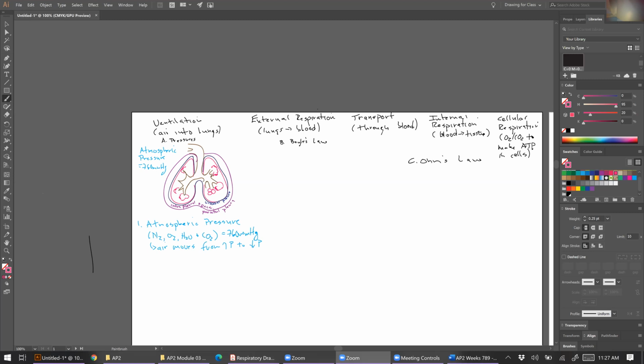So the next one is intrapulmonary pressure. And again, we're color coding, so we could write it up here.